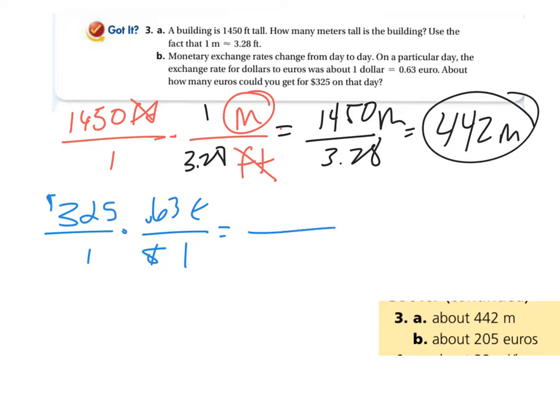Multiplying straight across, double check your unit analysis. The dollars cancel out and we're left with just euros. I think that's a close enough symbol for euros, right? 325 times 0.63 is 204.75 euros, or about 205 euros.